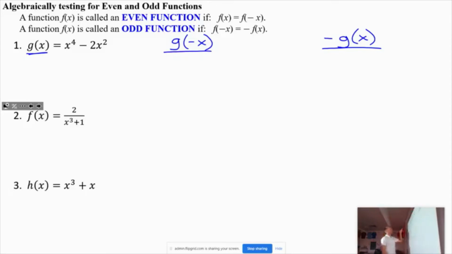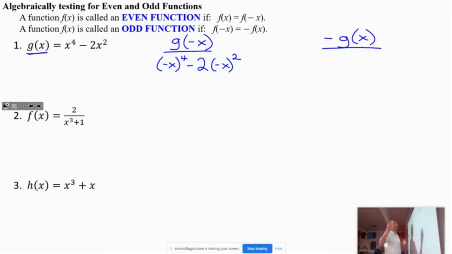Okay, g of negative x means plug in negative x in for every x in my function. So this is going to be negative x to the 4th minus 2 times negative x squared. Now, the rule with exponents: if you're squaring a negative number, it becomes positive because you're multiplying a negative times a negative.